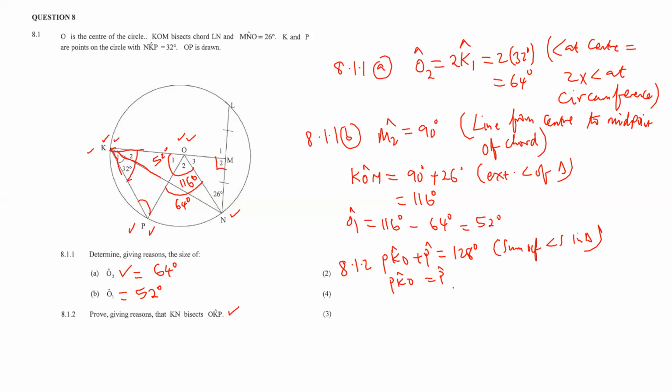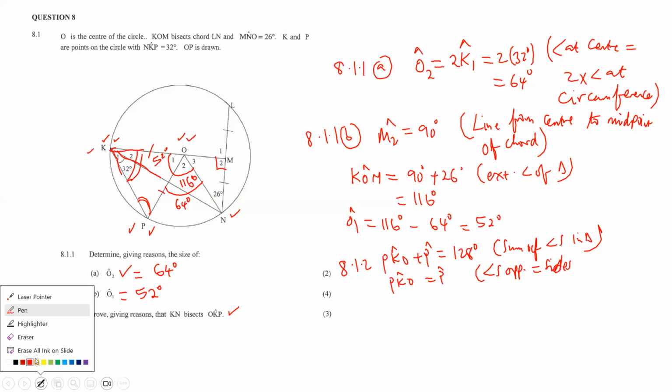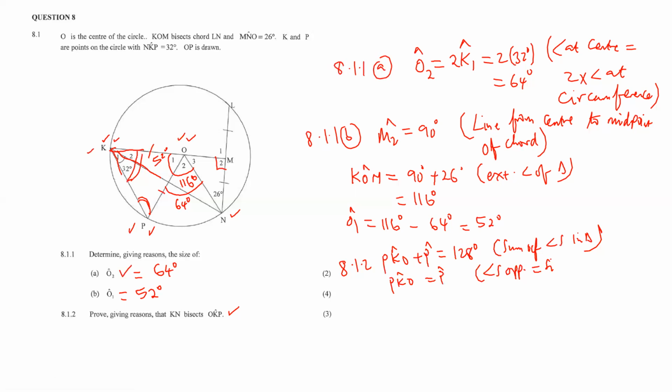Why is angle PKO equal to angle P? Because we're dealing with radii here, so we have angles opposite equal sides. Angles opposite equal sides.